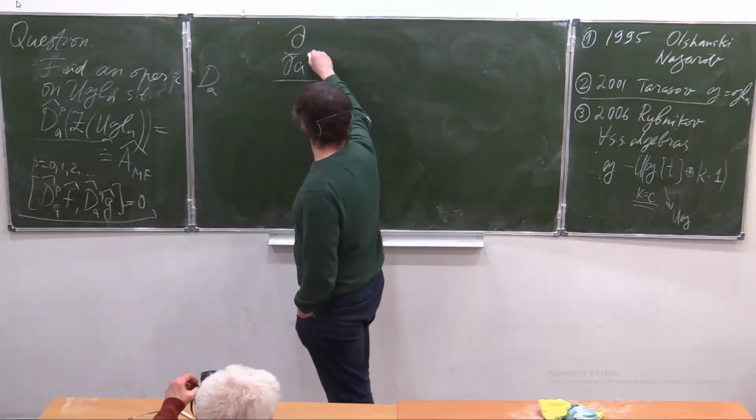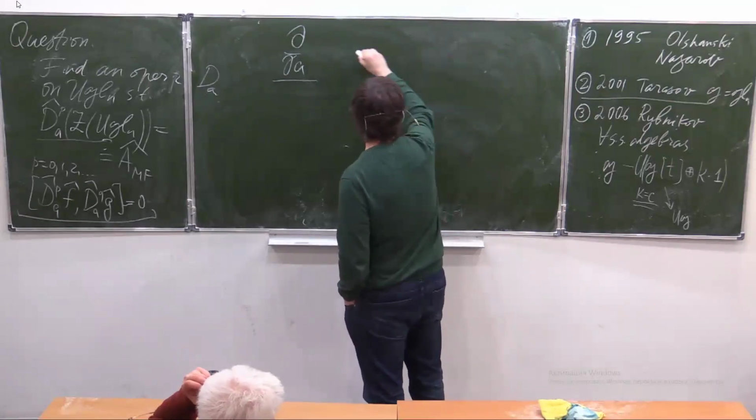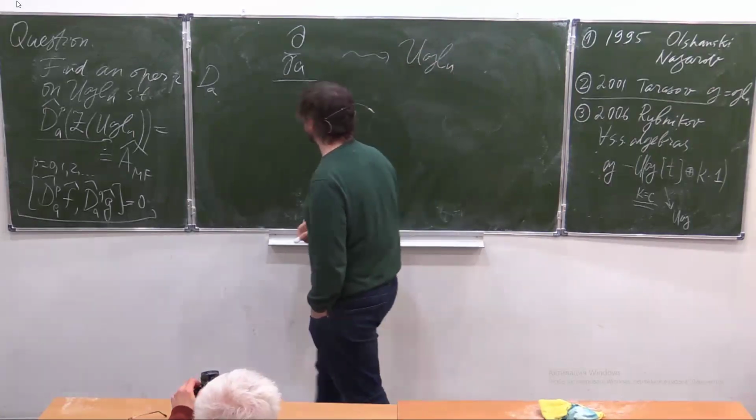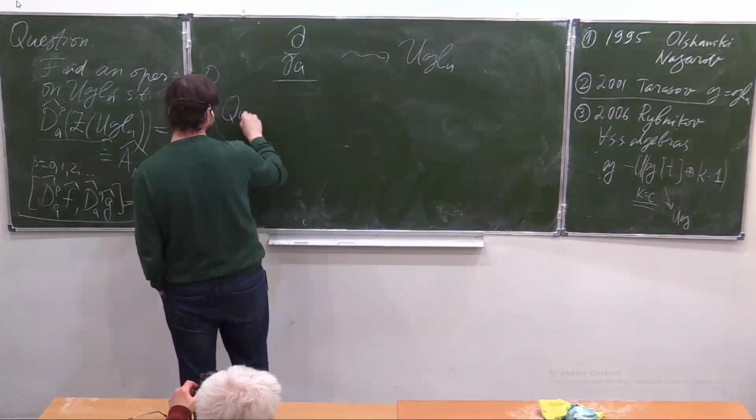So I'm going to generalize this operator to an operator on U(gl_N). To this end, I'll consider so-called quasi-derivations.